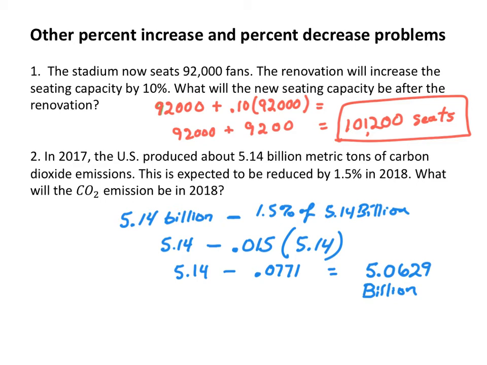Because if I just keep the word billion consistent at the end with my answer, then I'm just carrying it through. It's like dividing both sides by a billion, and then at the end, I'm multiplying both sides by a billion to fix it, and it works out. All right, so hopefully you did well.